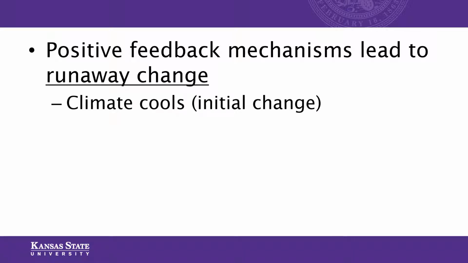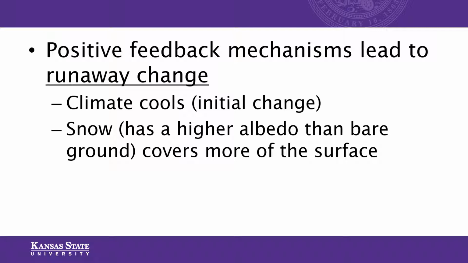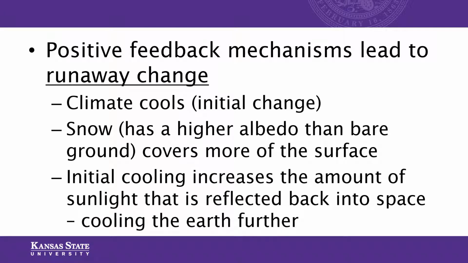So, for example, the climate cools, which is the initial change. Snow, which has a higher albedo than bare ground, covers more of the surface. This increases the amount of sunlight that's reflected back into space, which cools the earth even further. Since this chain of events furthers the initial change that triggered the whole thing to begin with, it's called positive feedback. And remember, just because it's called positive does not mean that it's necessarily good.